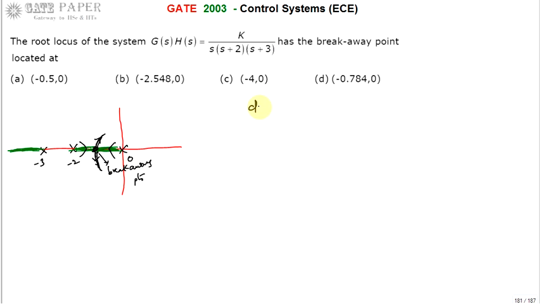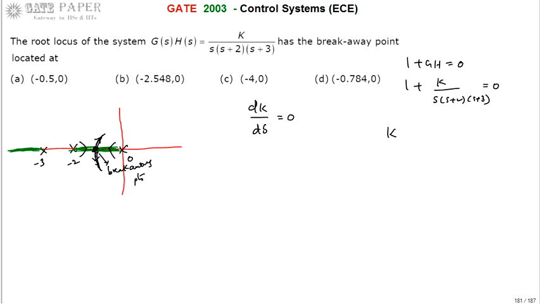The breakaway point can be calculated using the formula dK/ds = 0, by differentiating K with respect to s and setting it to 0. For that we require the characteristic equation 1 + GH = 0, that means 1 + K/(s(s+2)(s+3)) = 0.